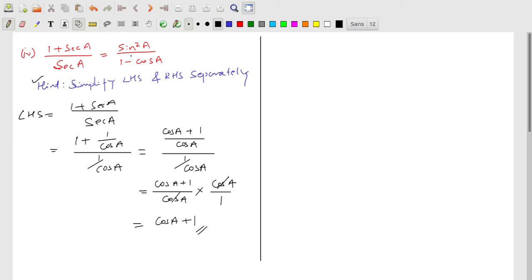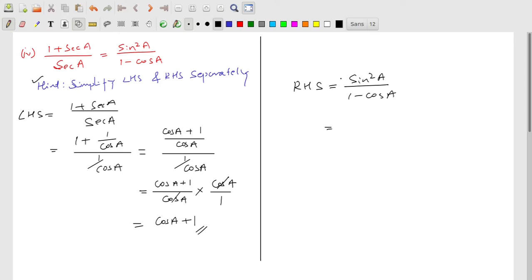This is the simplified form of the LHS. Similarly, we will simplify the RHS, which is sin square A divided by 1 minus cos A. Whenever you have a square of a trigonometric ratio like sin square, cos square, tan square, or secant square, you can use trigonometric identities.